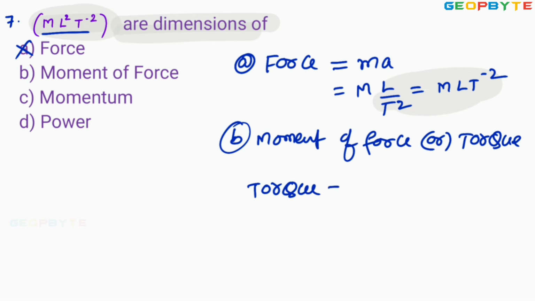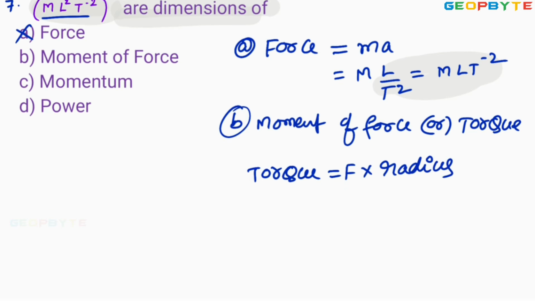Torque is the product of force and radius. The force dimensional formula is M L T^-2, that we already got.